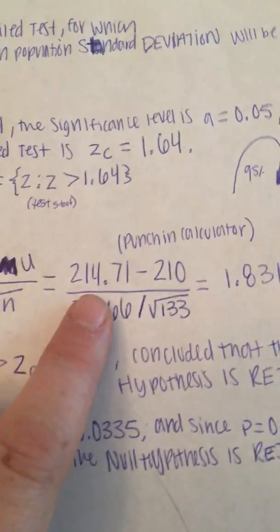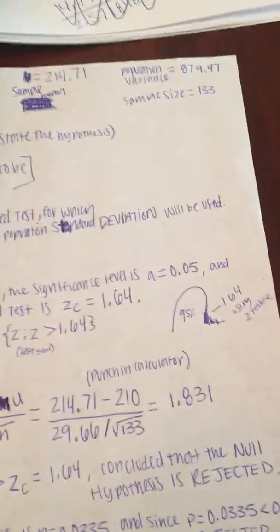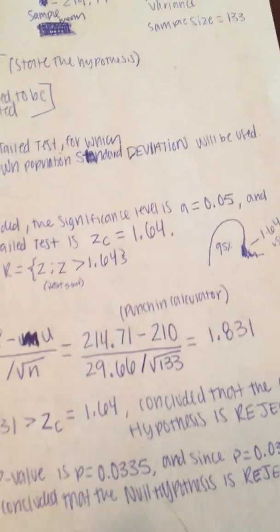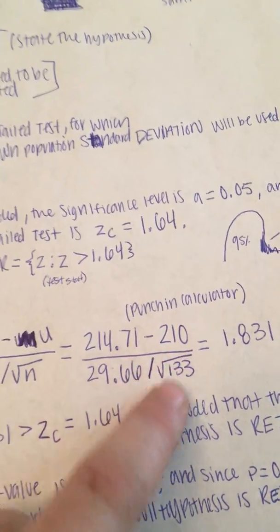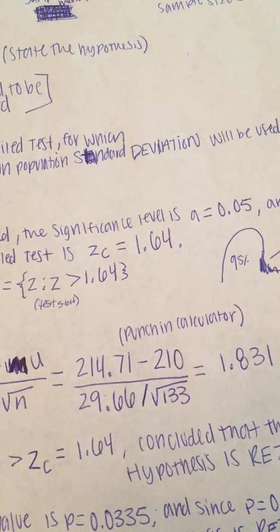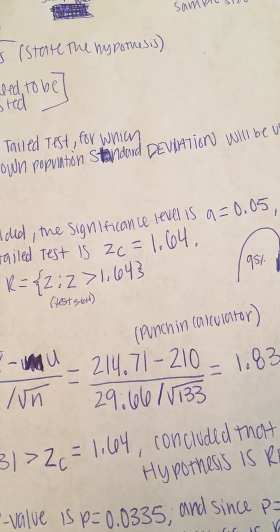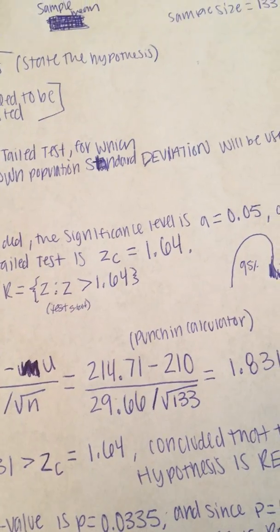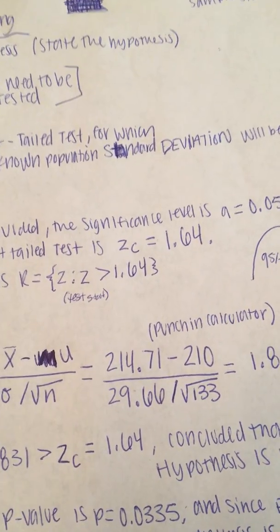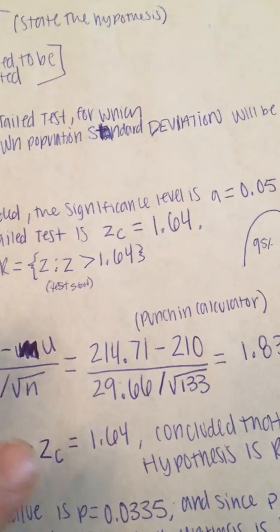So that's what we punch in here. We get our 214.71 from up here from our chart. We're going to minus our 210, which is the cholesterol level we want. We're seeing if it's significantly higher. So that's where we get the 210.